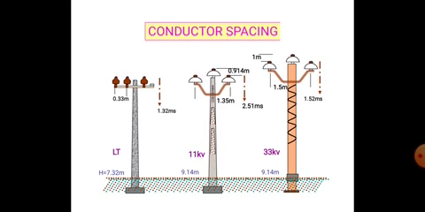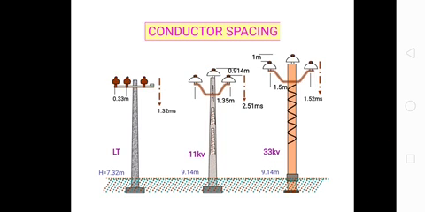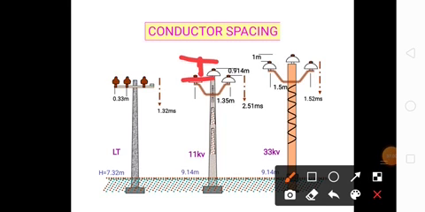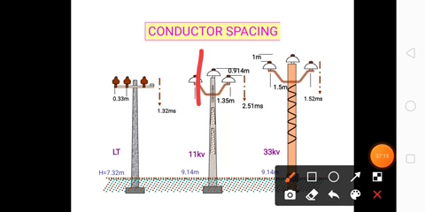See, for an 11 kV line, the insulator to insulator distance is 0.914 meters, and the conductor to conductor distance is 1.35 meters.